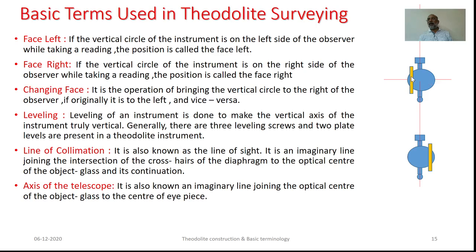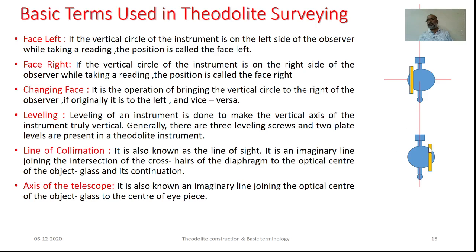Similarly, by keeping both the screws, upper clamp and lower clamp, loose, we can rotate this telescope fully in the horizontal plane so that it has the direction in the same manner, but the vertical circle will be kept on the right side of the observer.